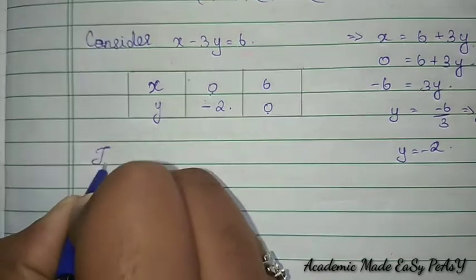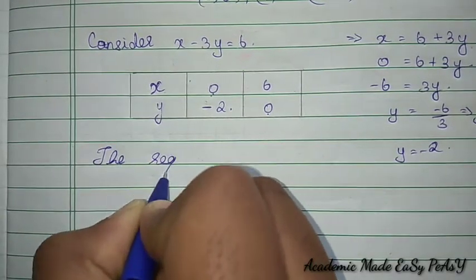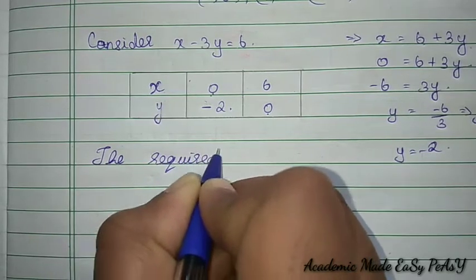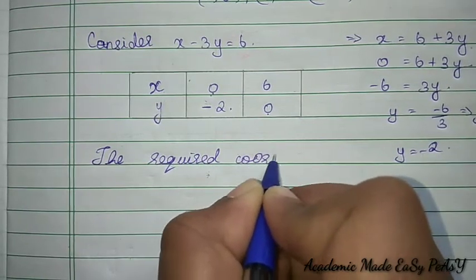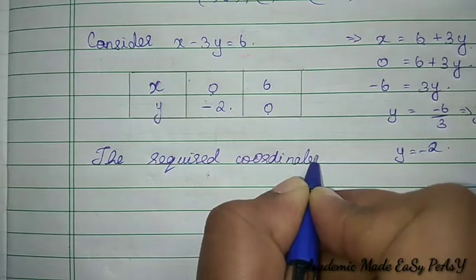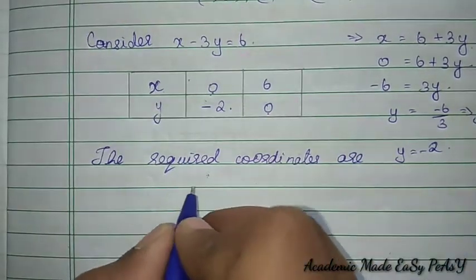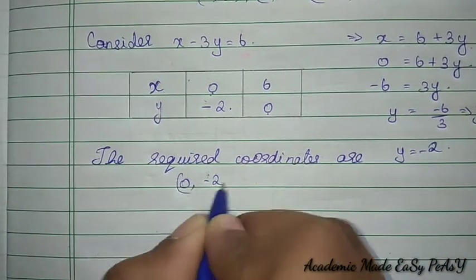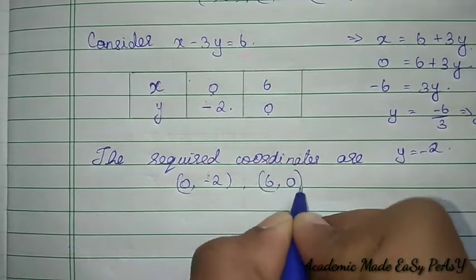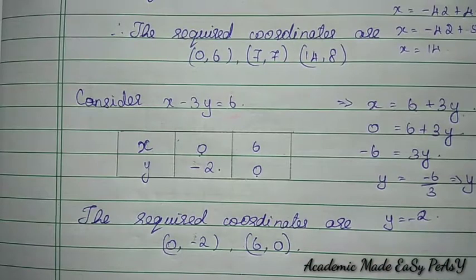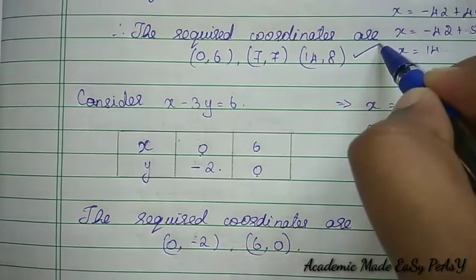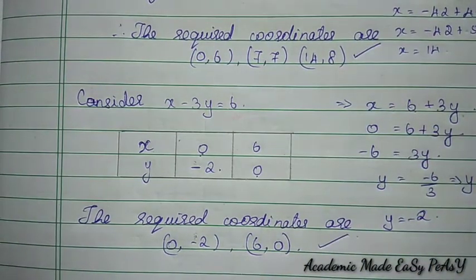So the required coordinates are 0, -2 and 6, 0. Now we have found the coordinates for the first equation as well as the second equation.